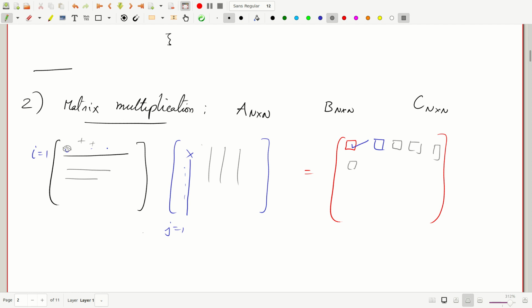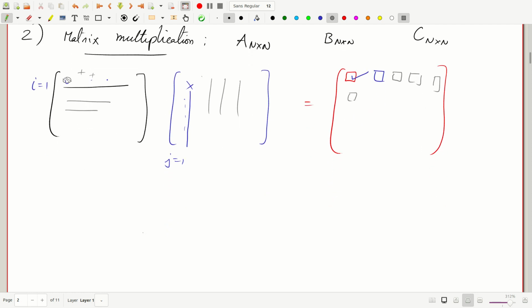All right, so to put it simply in an algorithm, you have to loop over all the elements of i as well as j. Essentially you have one for loop that loops over all the rows of the matrix A. That means you have for i equal to 0, i less than n, i plus plus, right?